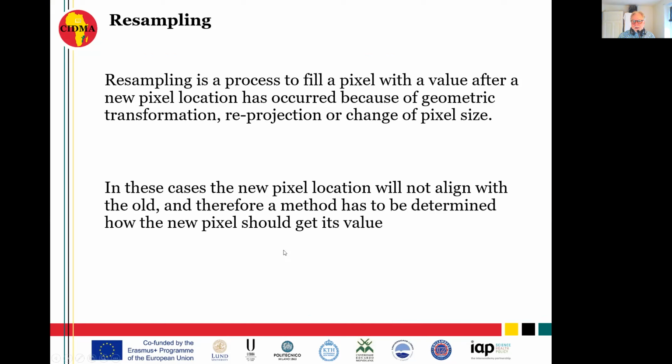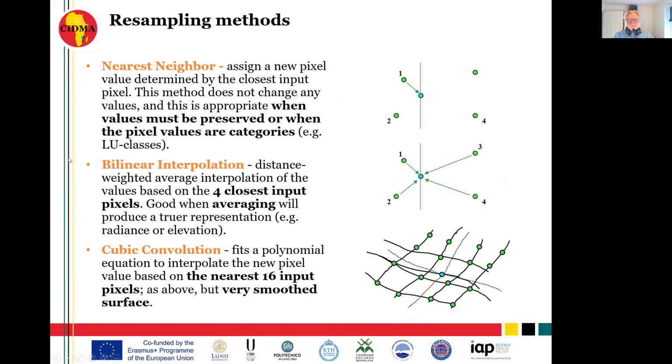So there are different methods to determine how the new pixel should get its value. And there are normally three different types that we can use.